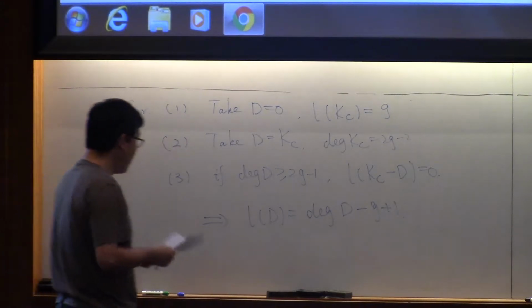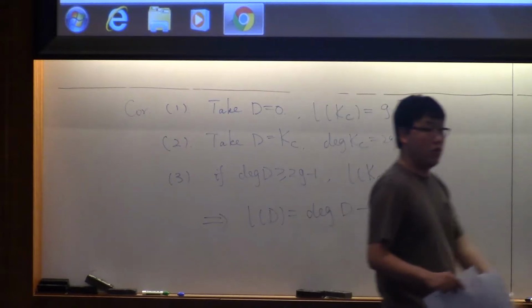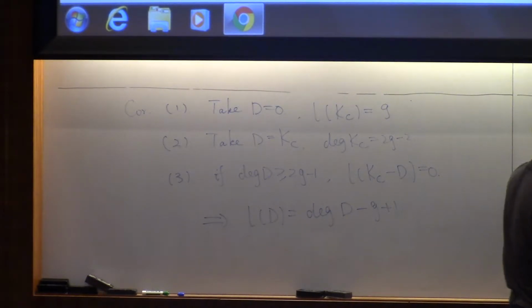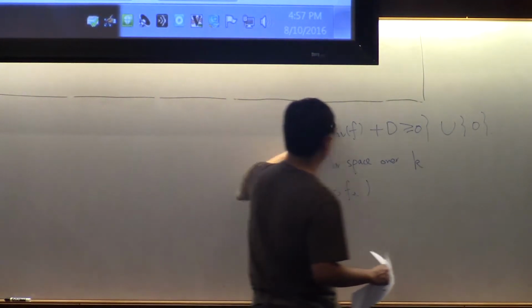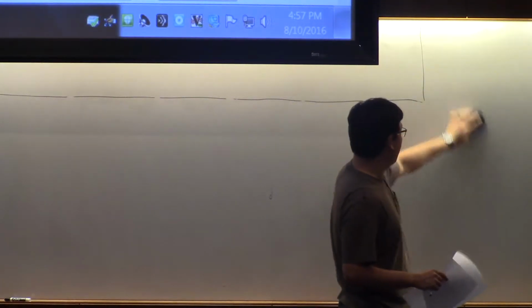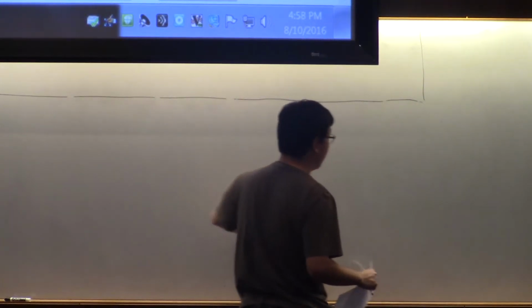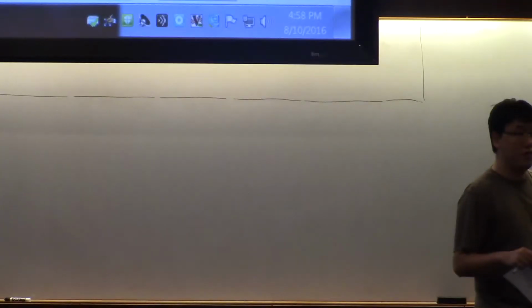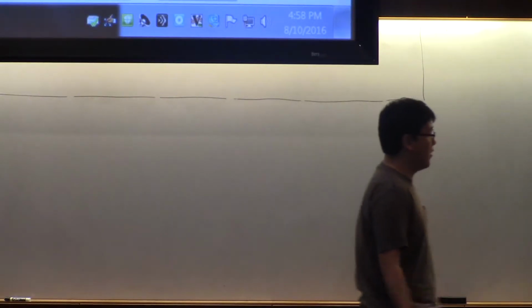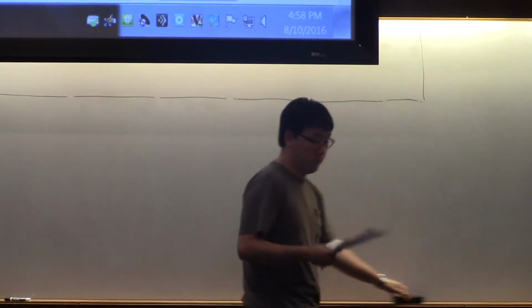So if you have never seen this Riemann-Roch theorem before, it might be difficult for you to understand this theorem. So my personal suggestion is you start from some simple cases. For example, you just assume that the curve C is the projective line, and you try some simple divisors to really compute the left-hand side and right-hand side. And in this way, you can get some feeling about this.